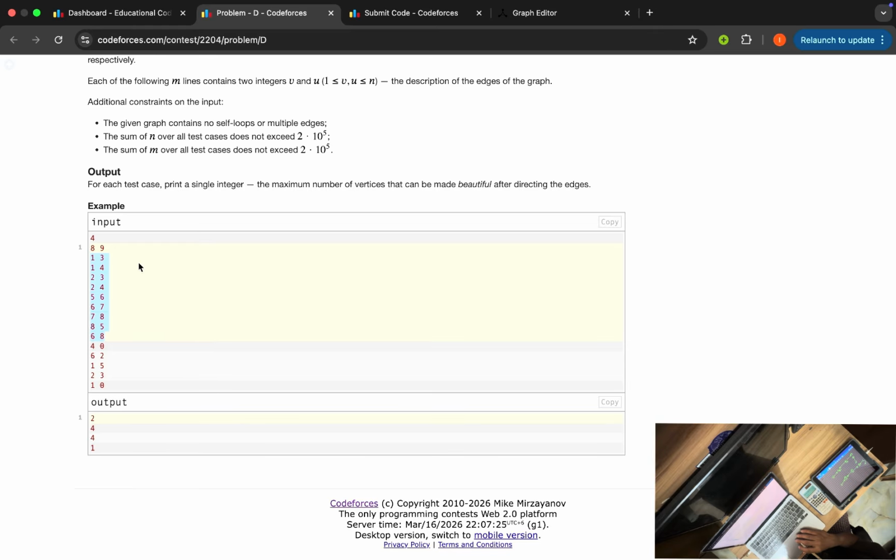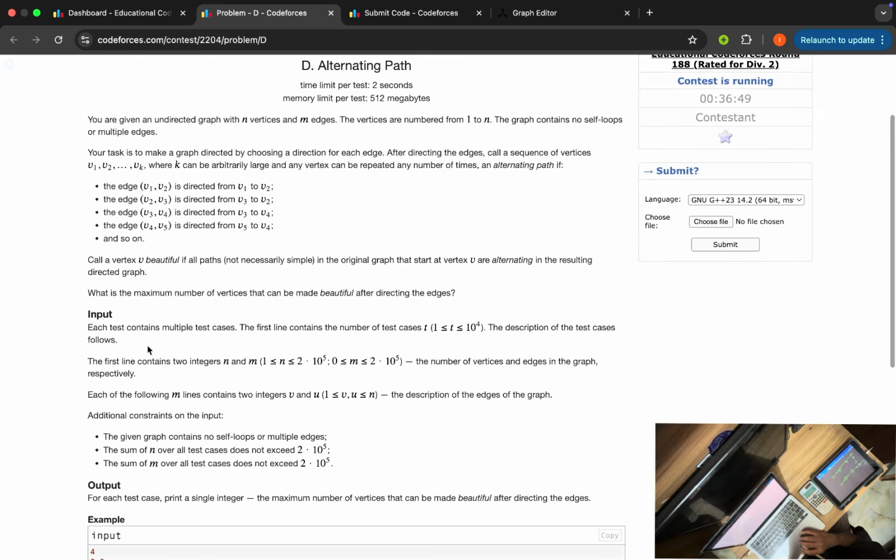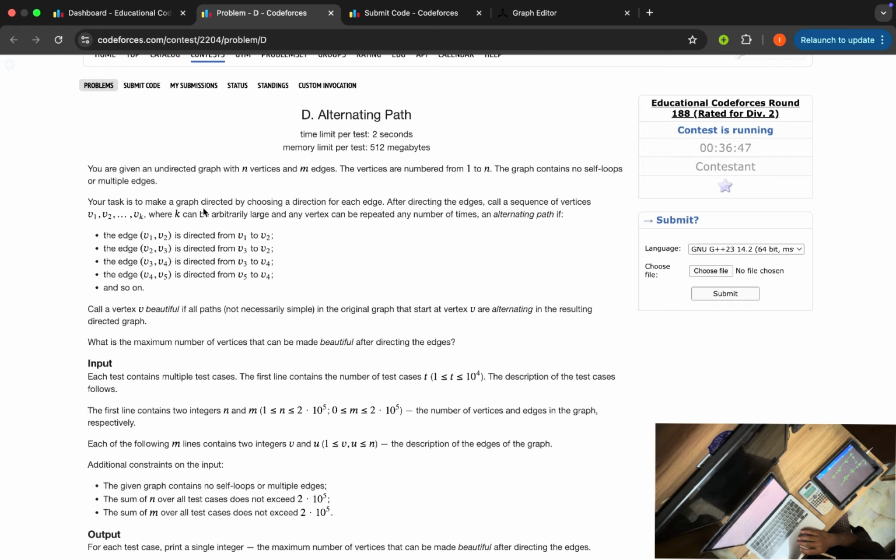Hmm. What? Your task is to make the graph directed by choosing a direction for each edge.